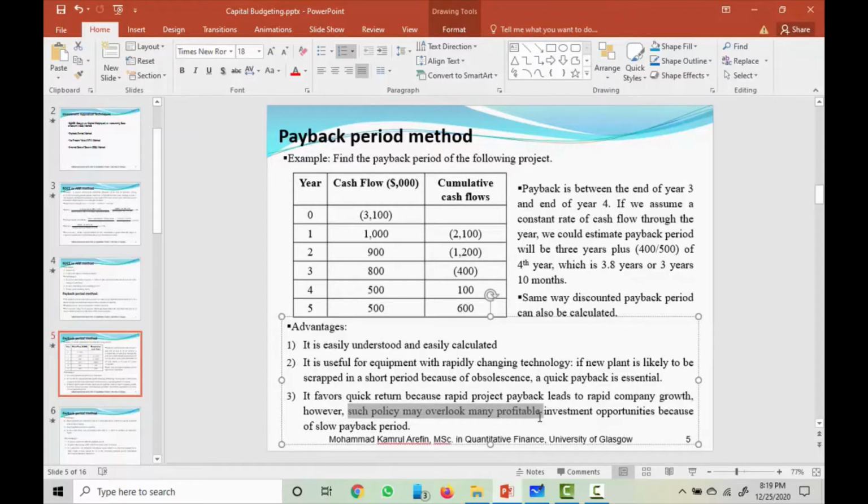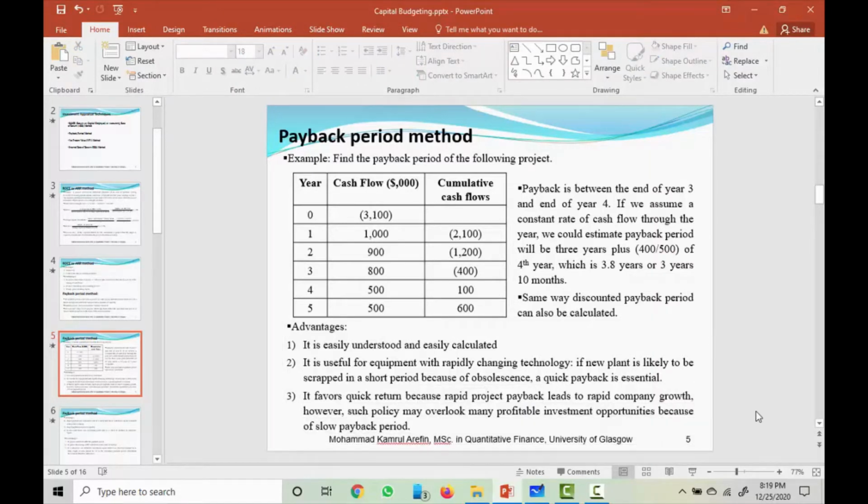However, such policy may overlook many profitable investment opportunities because of slow payback period. This is one of the major disadvantages, because in the payback period method, we are only considering quick payback.